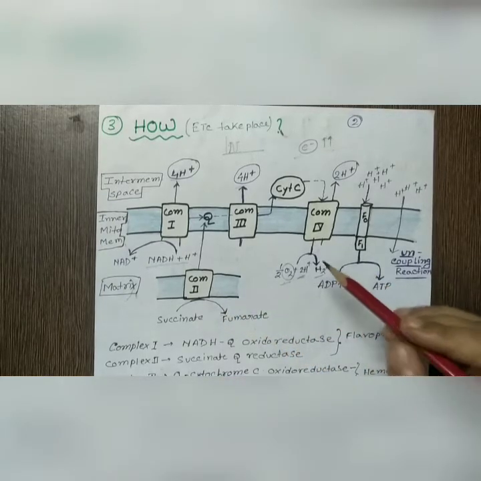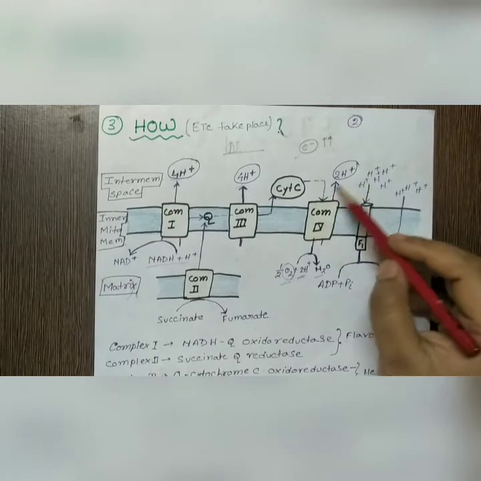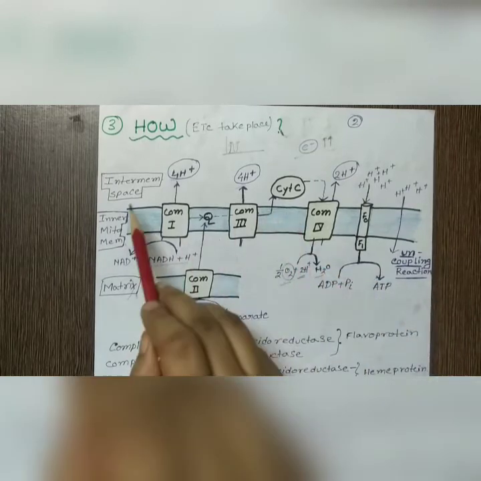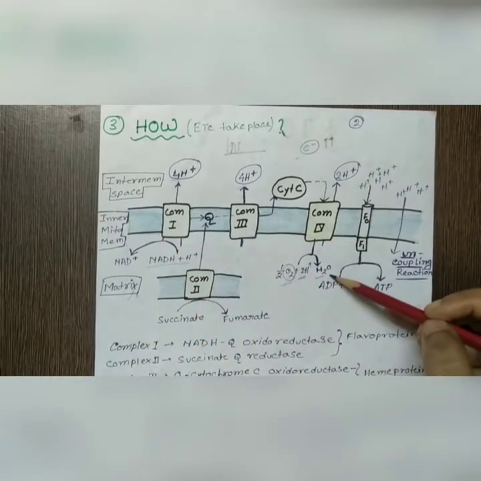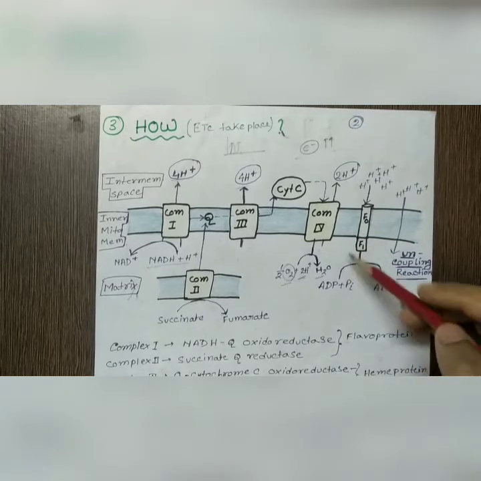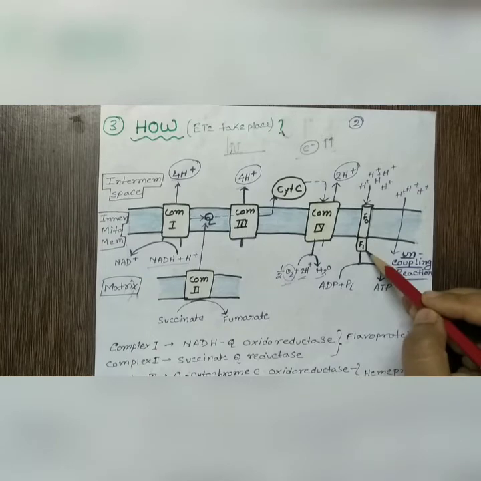Okay, now what happens is that this electromotive force pulls the protons which accumulated in the intermembrane space back into the matrix to neutralize this force, right? So they have a pump actually.